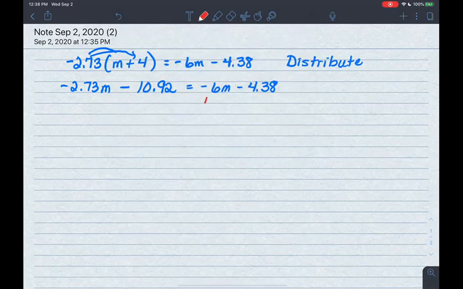I'm going to just go ahead with the variable first. I'm going to add 6m to both sides. And now I need to add negative 2.73 to 6. So that's subtraction in my brain, right? 3.27m minus 10.92 equals negative 4.38.